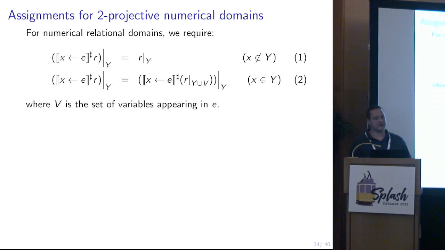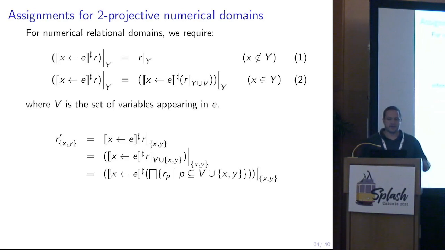So if I assign to x, this does not magically change the value for some variable y. And conversely, we also assume that if I compute the value for some cluster y that contains x, I only need to consider those variables that are either in y or that appear on the right-hand side. So I do not need to consider all of the other variables that somehow appear. This is a sort of reasonable limitation, but there are relational domains which do not satisfy this.